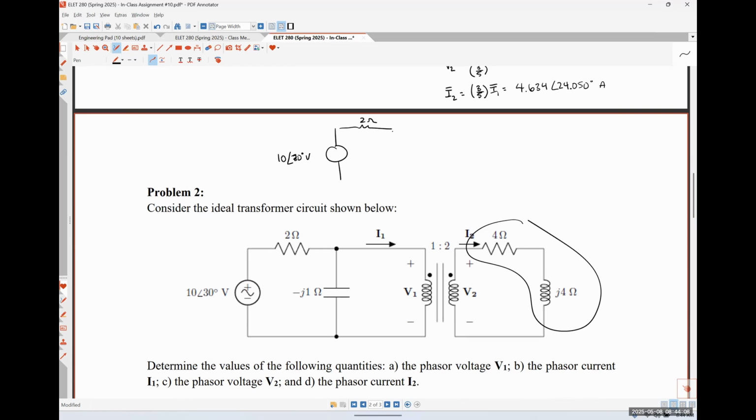Here's our 2 ohm, our minus J 1 ohm, and then this guy over here would have been 1 plus J1 ohm, where this voltage would have been V1 and this current would have been I1.